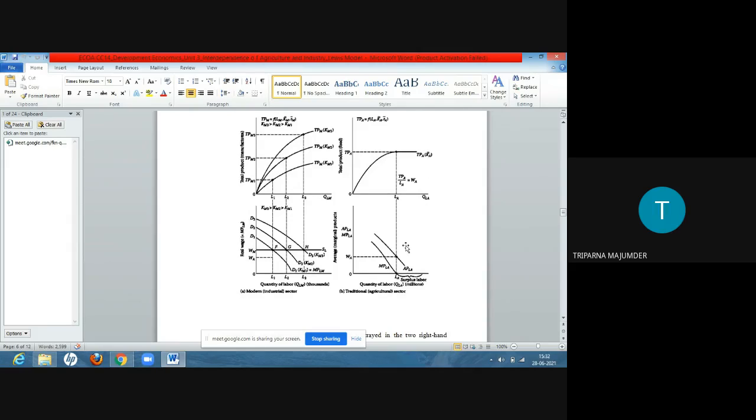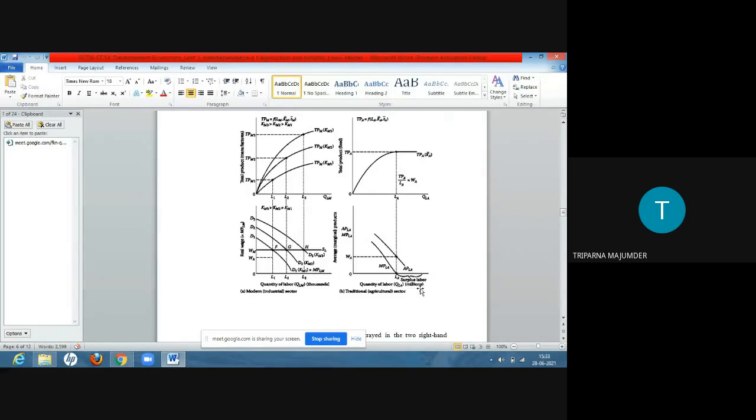In this diagram, what do we find? We have the average and marginal product curves APLA and MPLA, which are derived from the total product curve. The quantity of agricultural labor available is the same on both the axes, and it's expressed in millions of workers.